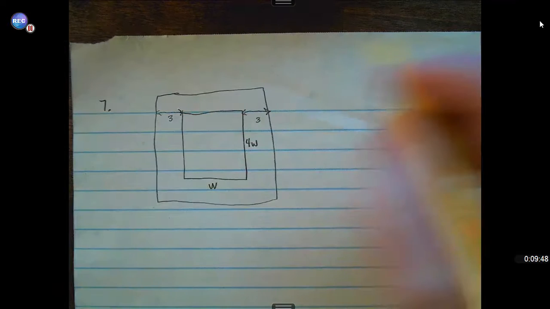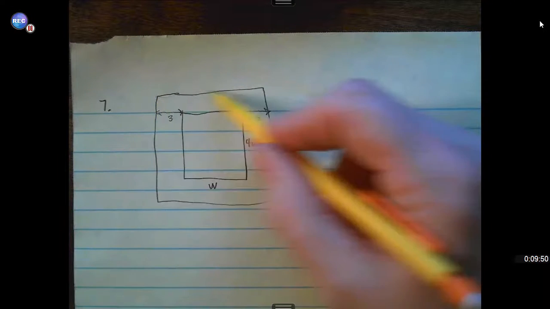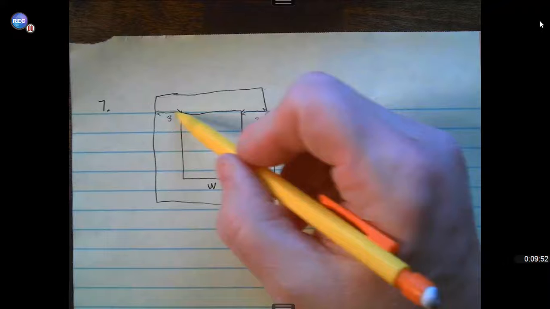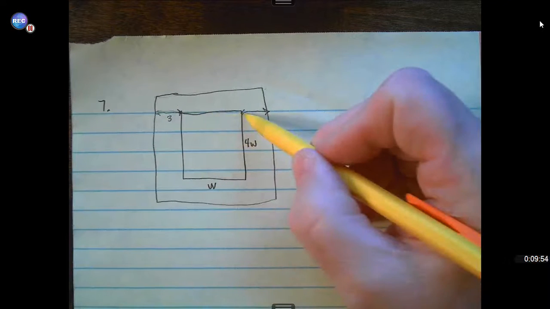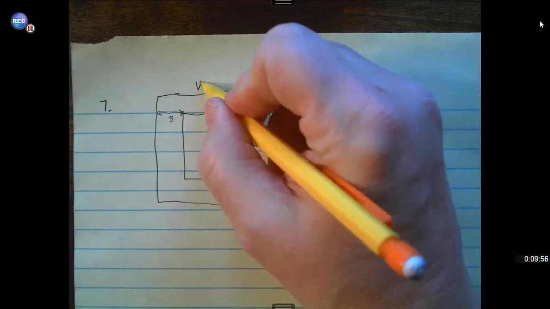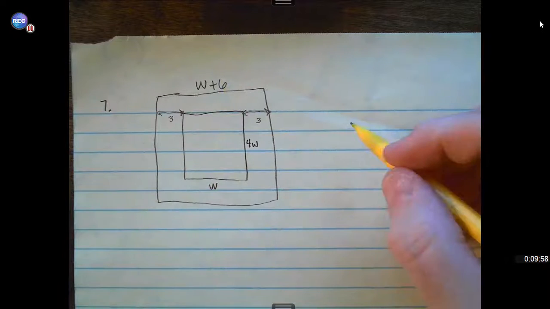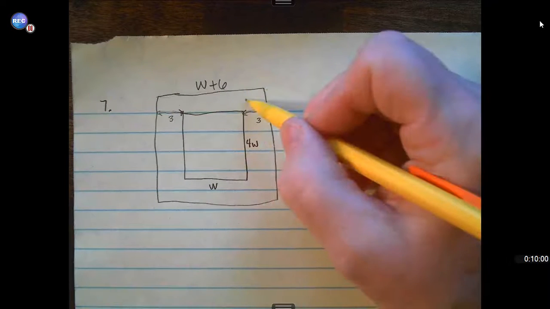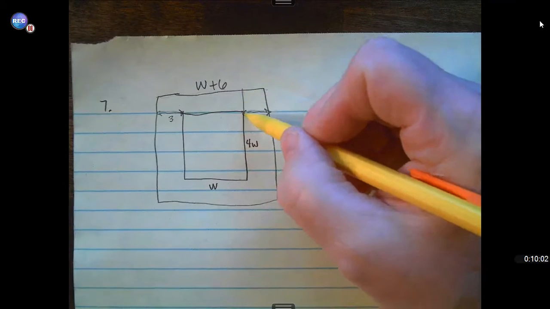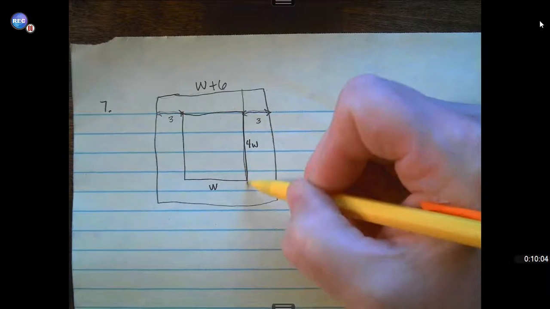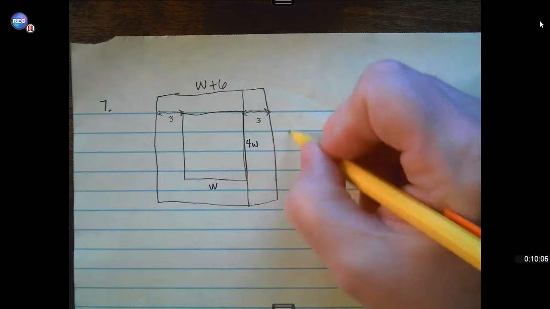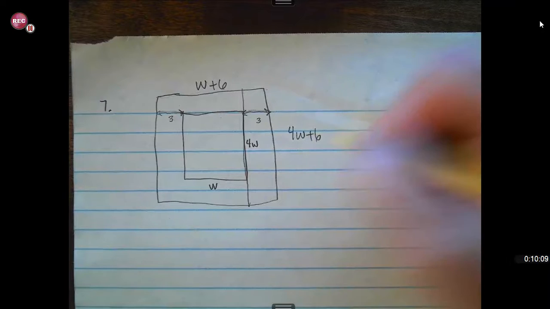And so that means that my width of the whole thing would be 3 plus W plus 3, or W plus 6. And my height of the whole thing would be 3 plus 4W plus 3, or 4W plus 6.